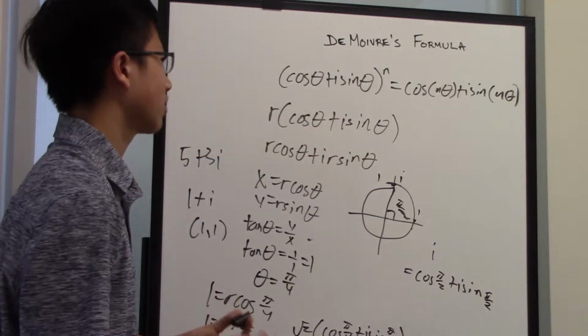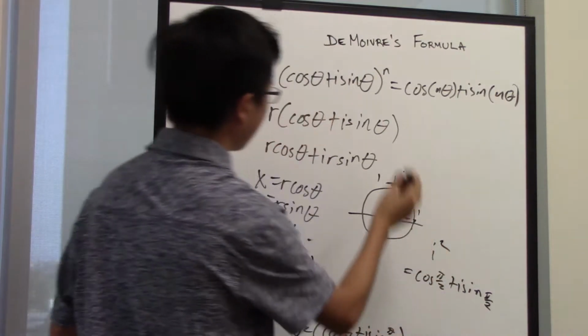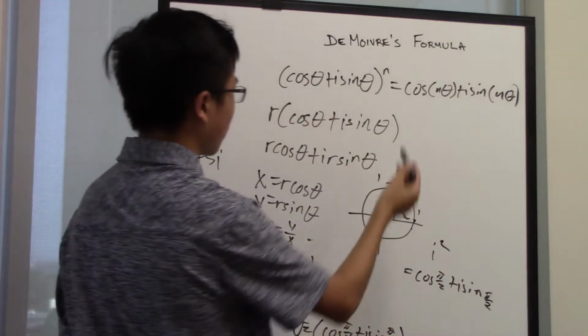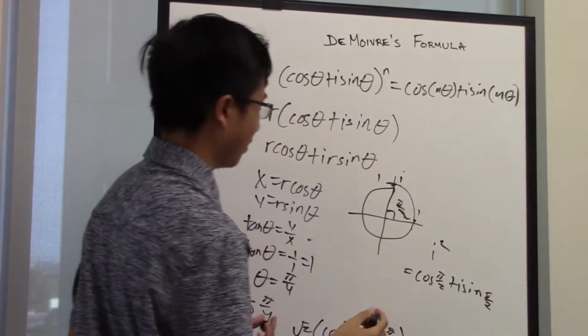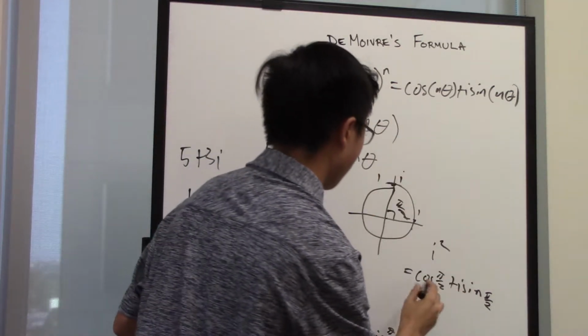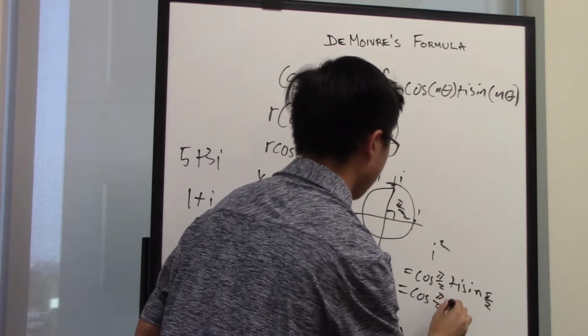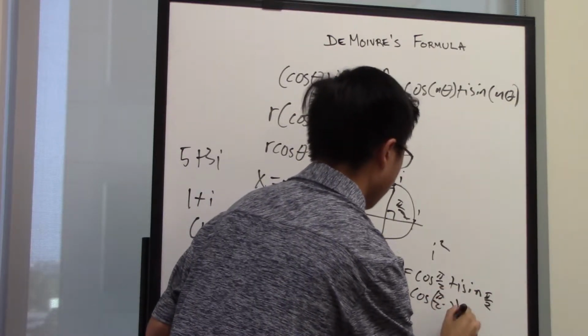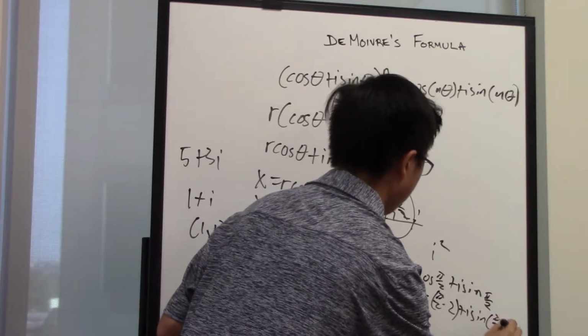So if we wanted to take i to the power of 2, using DeMoivre's formula, we would just multiply 2 times pi over 2, the angle. So this would be equal to cosine of pi over 2 times 2 plus i sine of pi over 2 times 2.